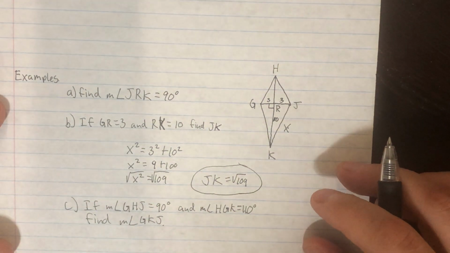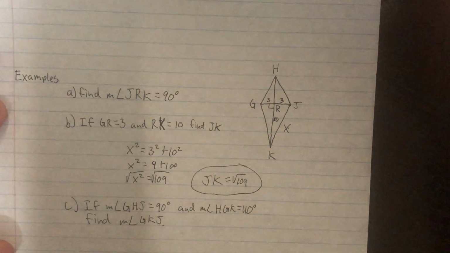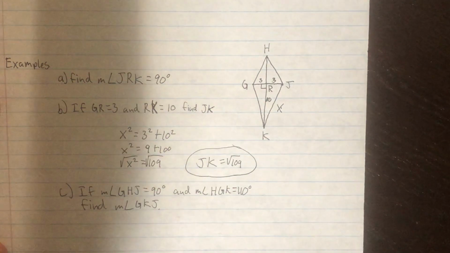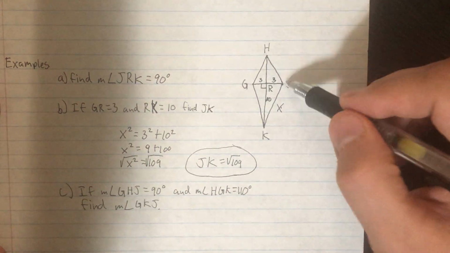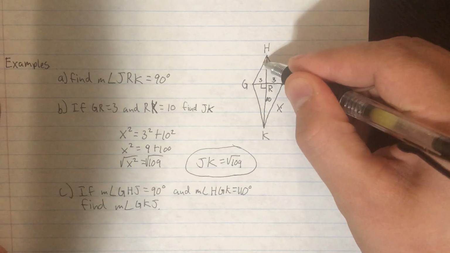And finally, the last part of this example asks us to find a missing angle. So we have one part left. We are told angle GHJ up at the top is 90 degrees. So I'm going to mark that with a box, make it 90.